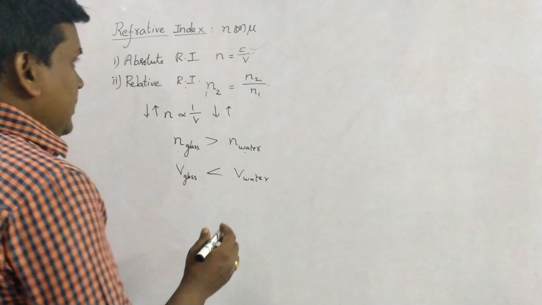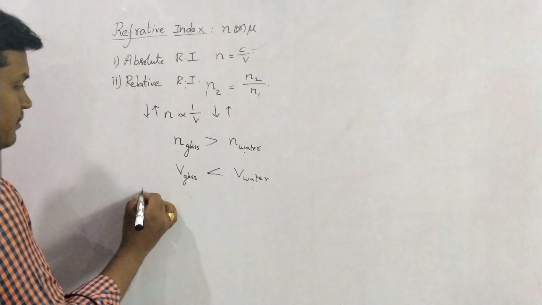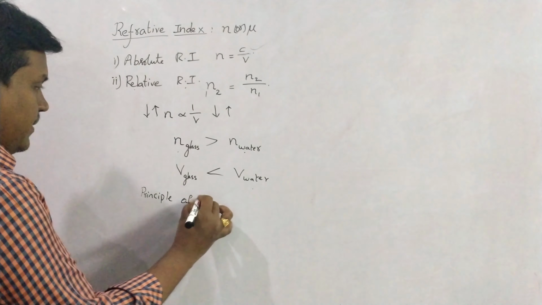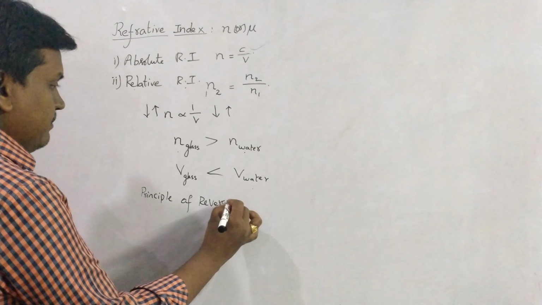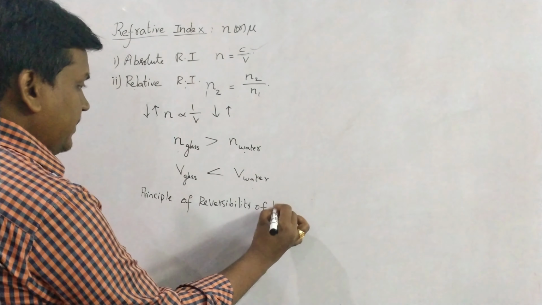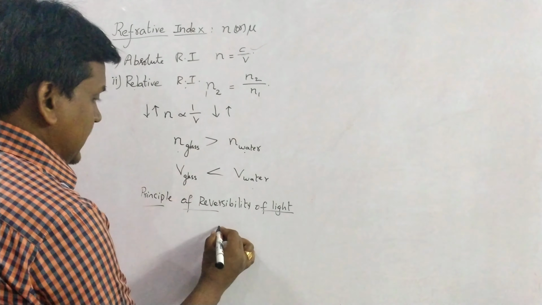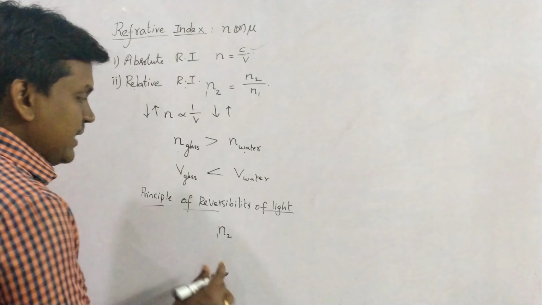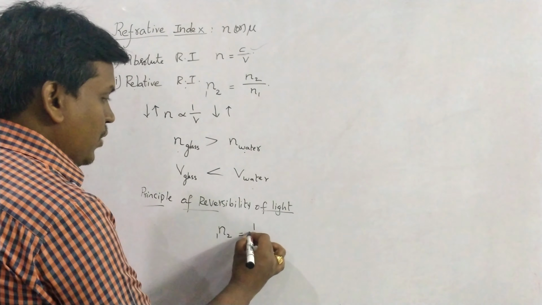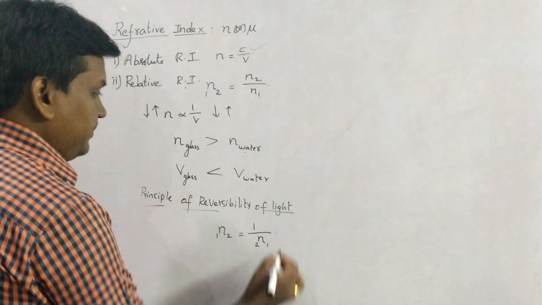And here, by using the principle of reversibility of light, we can write the refractive index of medium 2 to medium 1 as 1 upon the refractive index of medium 1 to medium 2.